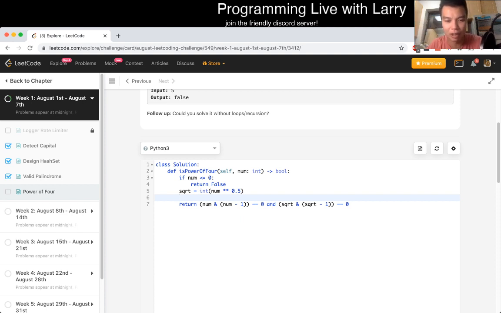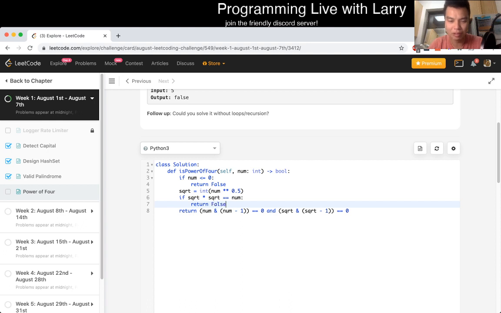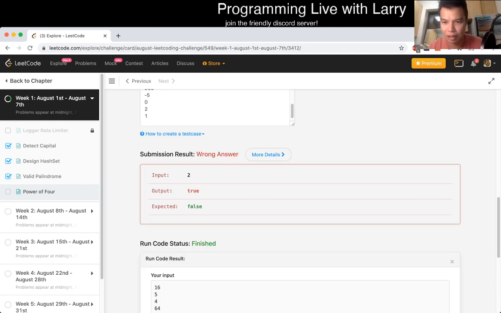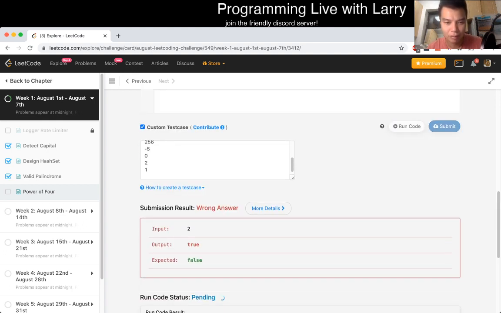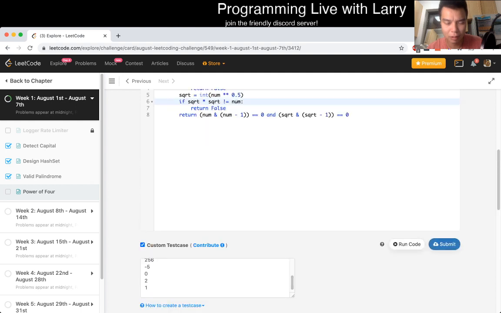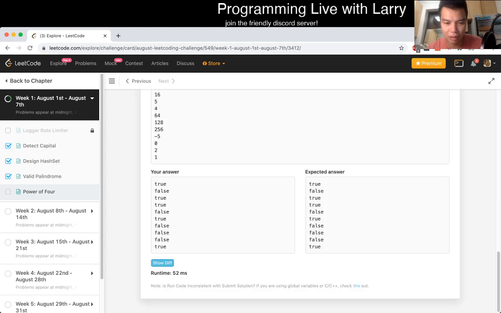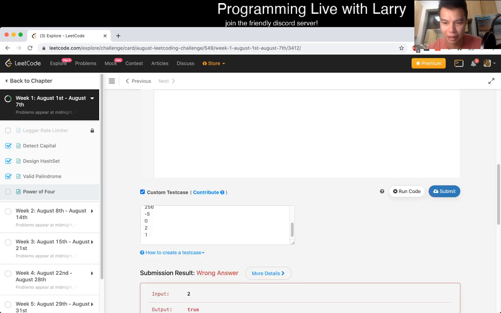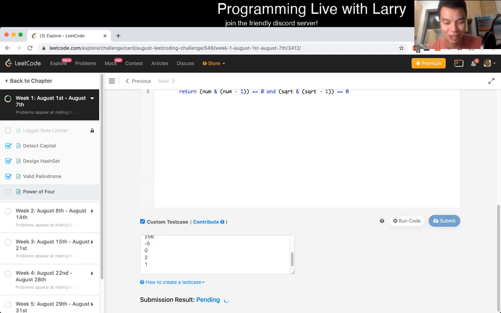But basically, what we want is to make sure that it's a perfect square, a perfect square root, for it to be a power of 4. There we go. Let's submit again, and hopefully we don't have the 3 wrong answers.